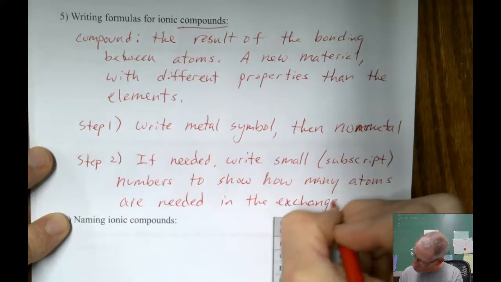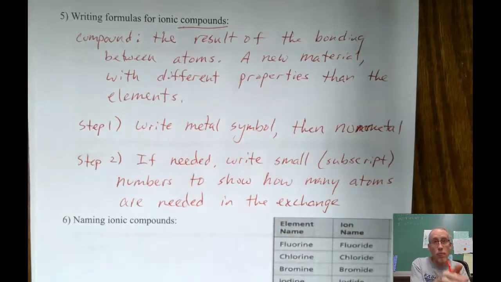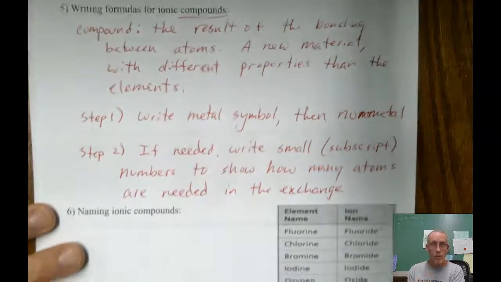Talking about exchanging these electrons from metal atoms into the nonmetal atoms. Sometimes it works out great. Like my sodium and my chlorine. Sodium had 1 to give away, and chlorine was looking for 1. Well, that doesn't always work out so beautifully. Sometimes there's a mismatch. And I'll show you then how we use these little numbers to show how many of everything we need. Okay? So I'll do a few examples in just a second.